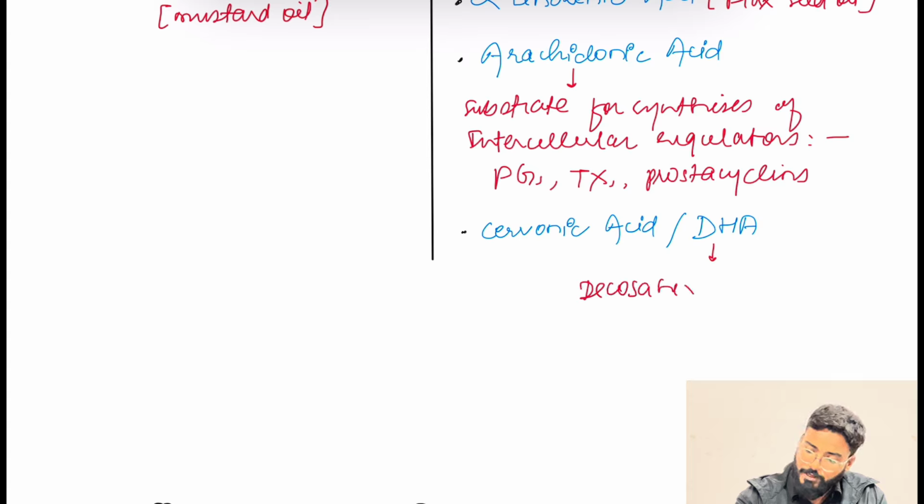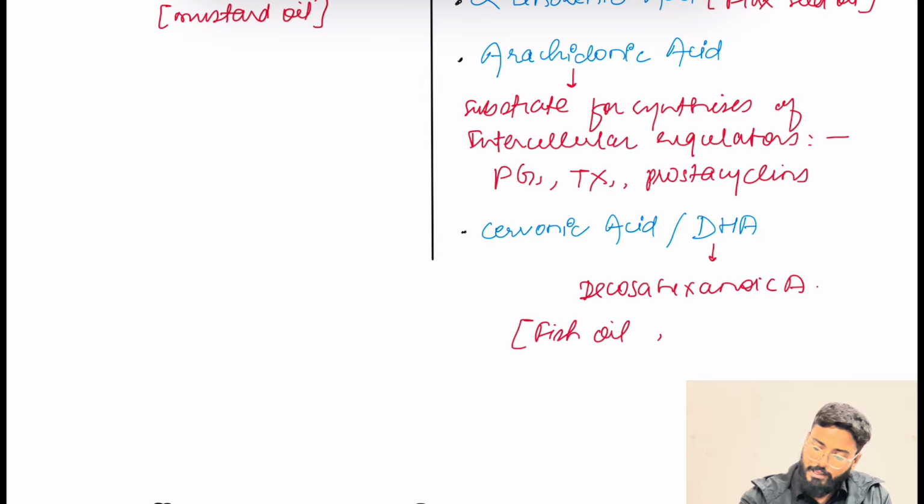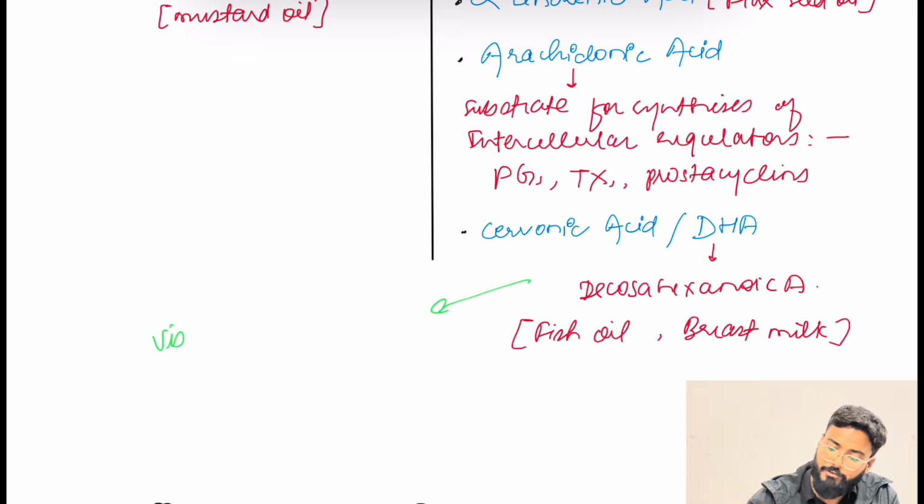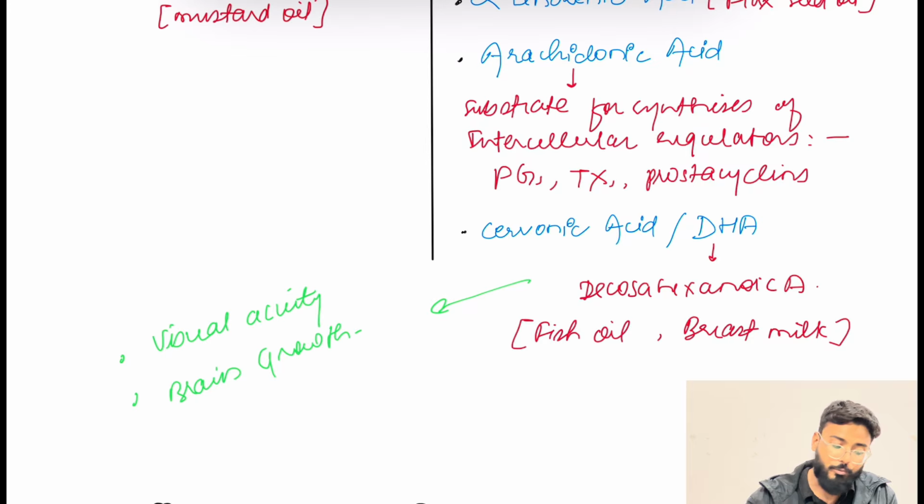Next is cervonic acid, that is DHA, and its full form is docosahexanoic acid. It is found in fish oil and breast milk, and it is responsible for visual acuity and brain growth of the newborn.